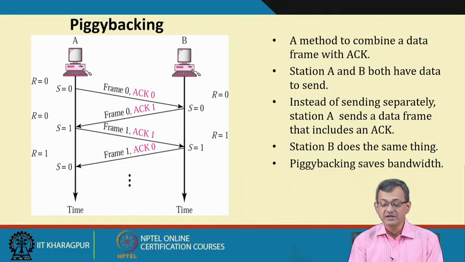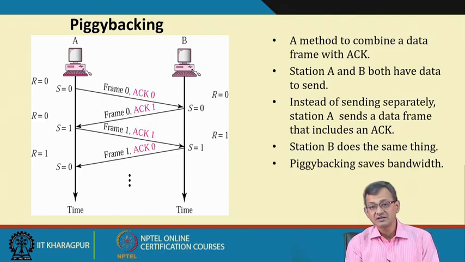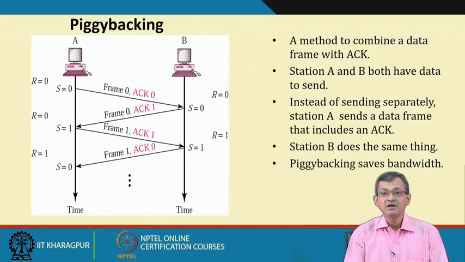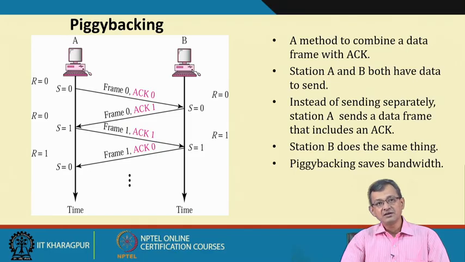Instead of sending separately, station A sends a data frame that includes an acknowledgement, and station B does the same thing. Piggybacking saves bandwidth, right. Otherwise the acknowledgement frame would need another channel, and however small it may be, it requires some bandwidth to transmit. So it is piggybacked on the data sent across A and B.